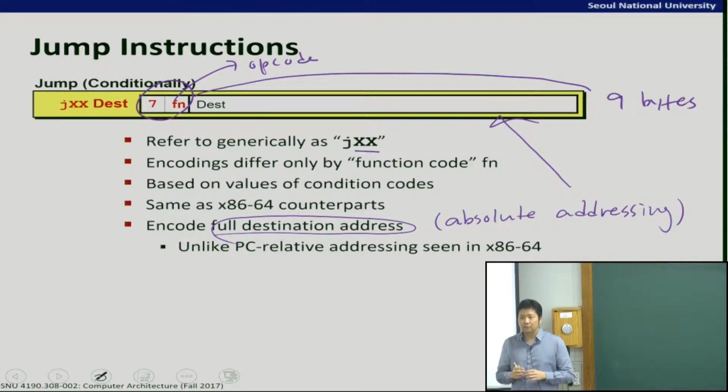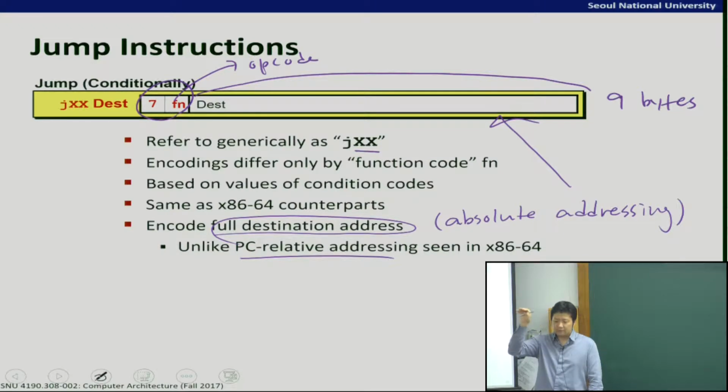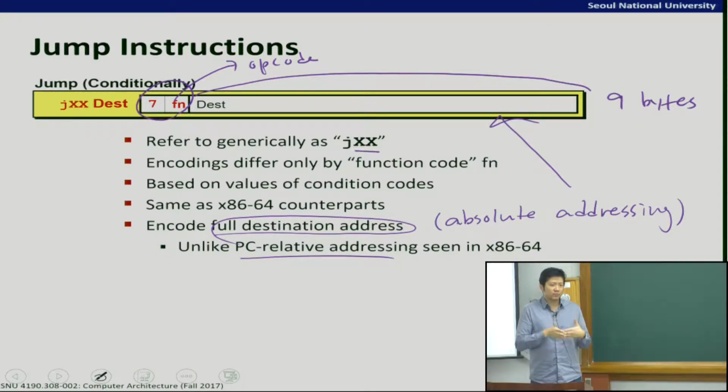One popular one is PC relative addressing. Instead of putting the exact target address into the instruction, you put the delta from the current location. The observation is that with a jump or branch, the target address is usually nearby, not far off from the current instruction.